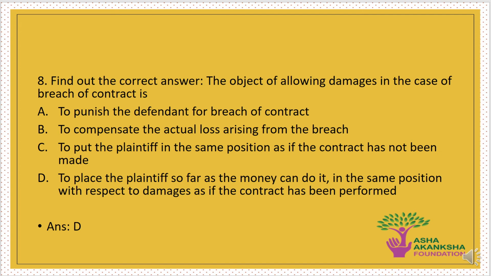The correct answer to this question is option D, that is, the object of allowing damages in case of breach of contract is to place the plaintiff so far as money can do it in the same position with respect to the damages as if the contract has been performed.